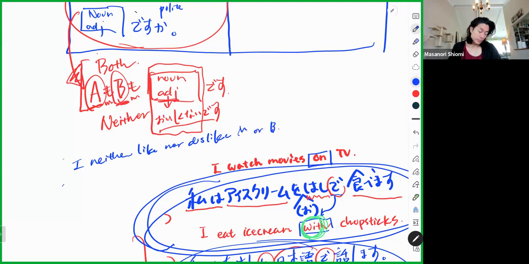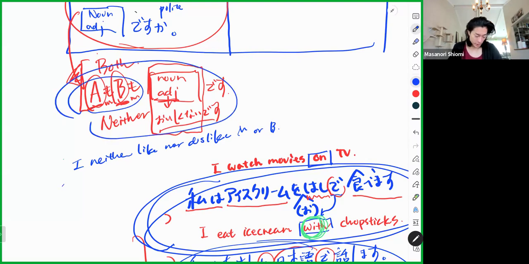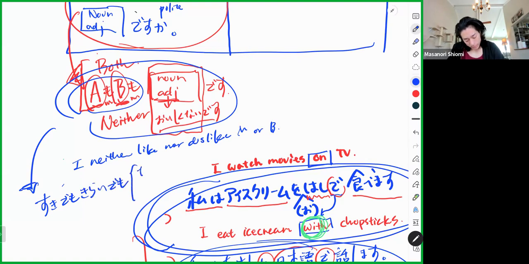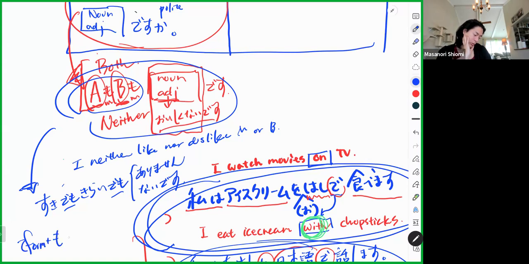In this case, kind of similar to what I have shared, 好きでも嫌いでもありません。ないです。This も comes from ては plus も equals でも, even. ては can be omitted.